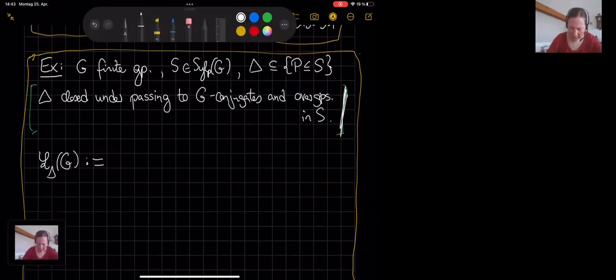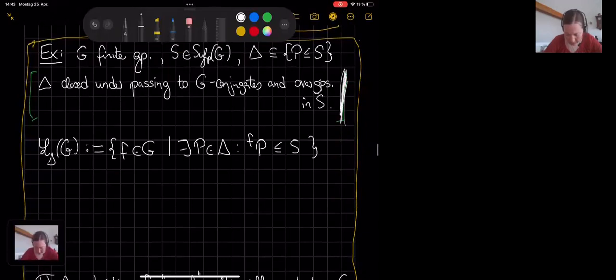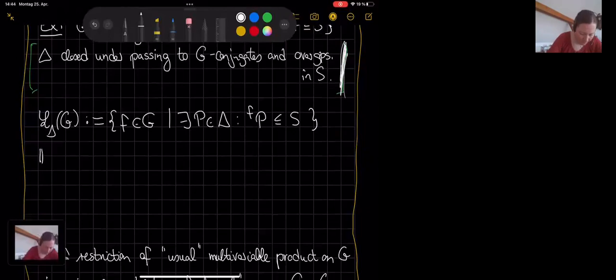And by the way, for T delta of G to be a transporter system in the sense of Oliver and Ventura, we also want this technical property to hold. So now we can define a partial group. So as a set, we just take all f in G such that there exists some P in delta with P conjugate under f contained in S, which by this property just means P conjugate under f is in delta. And then on which D do we want the product to be defined?